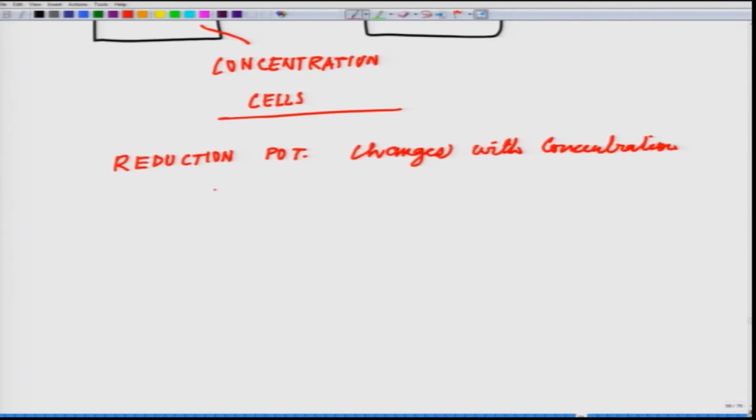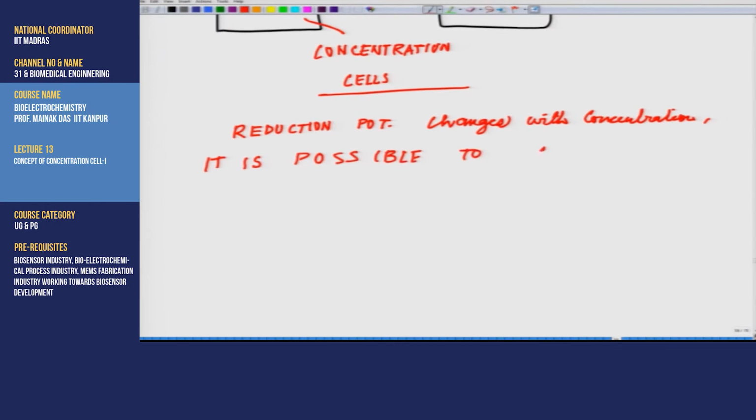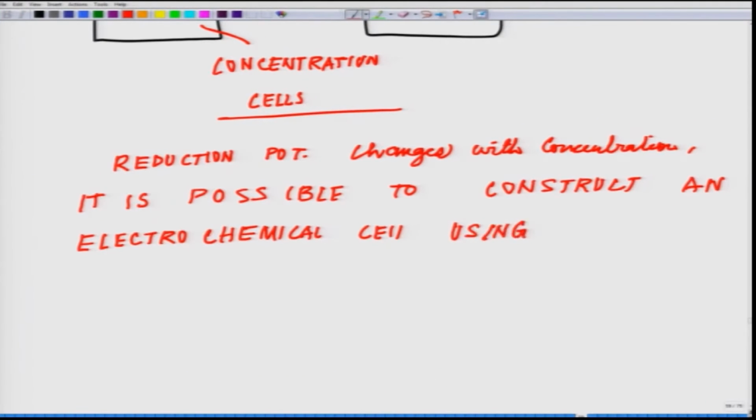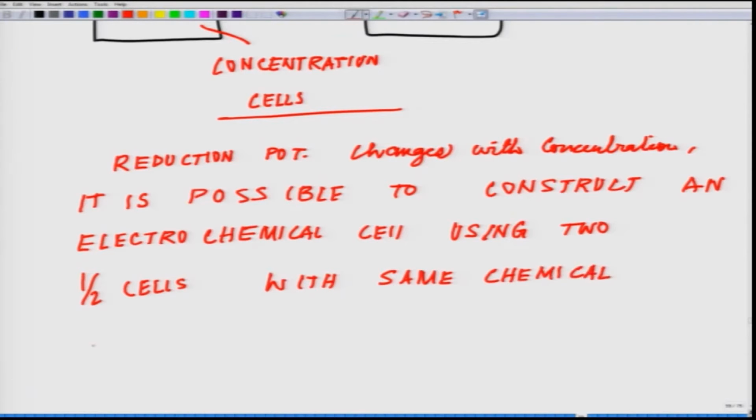Let me repeat again: because the reduction potential changes with concentration, it is possible to construct an electrochemical cell using two half cells with the same chemical reaction.